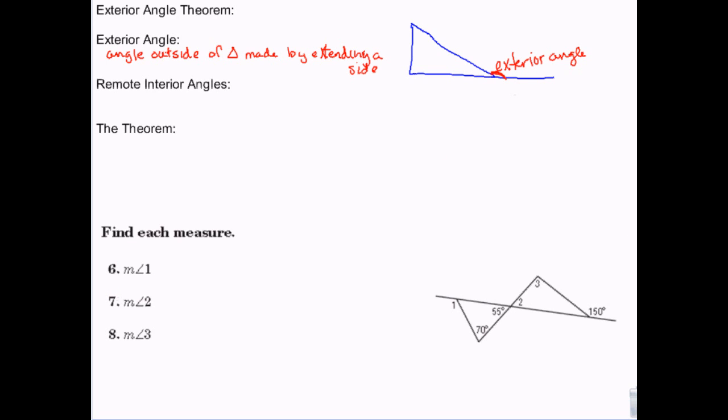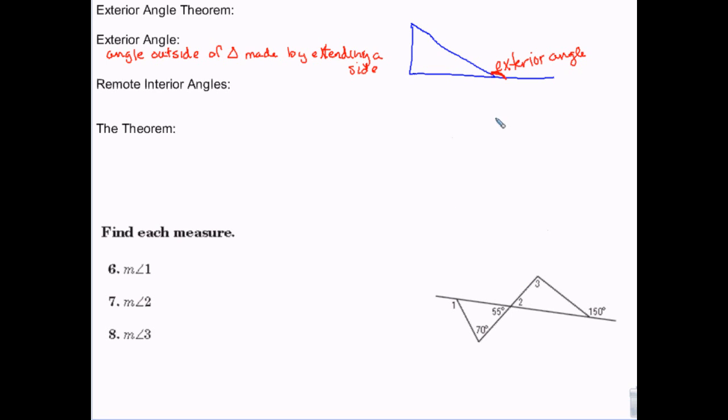Remote interior angles. If something's remote, not like your television remote. Well, actually, I think probably the reason the television remote is called remote is because remote means far away. And you control something far away with your remote. So that's probably why it's called that. But remote is far away, like remote places, remote destinations for travel commercials. Remote means far away.